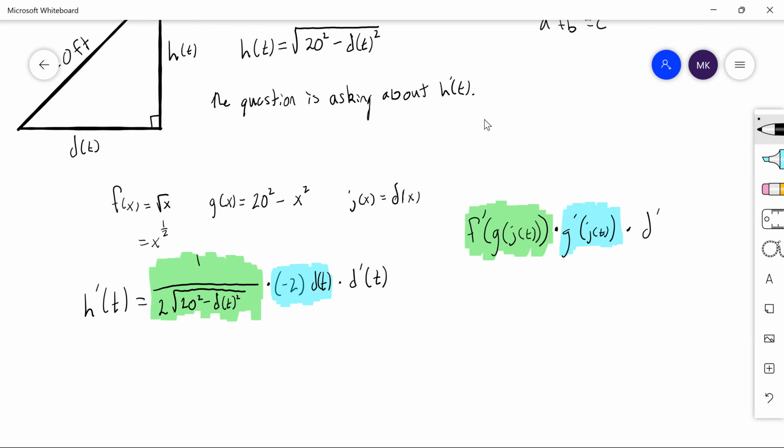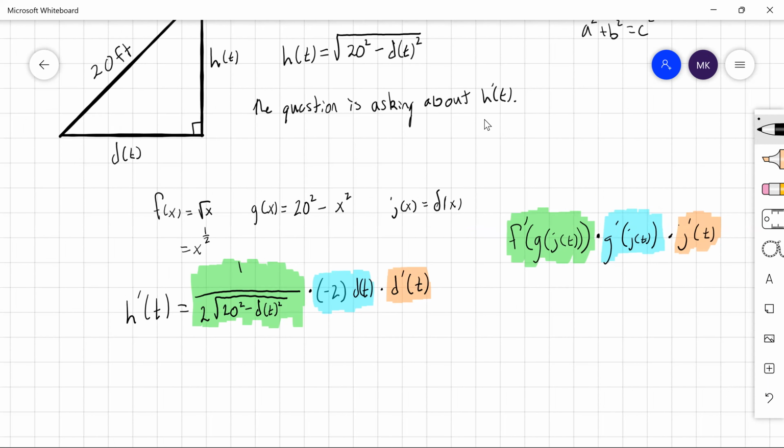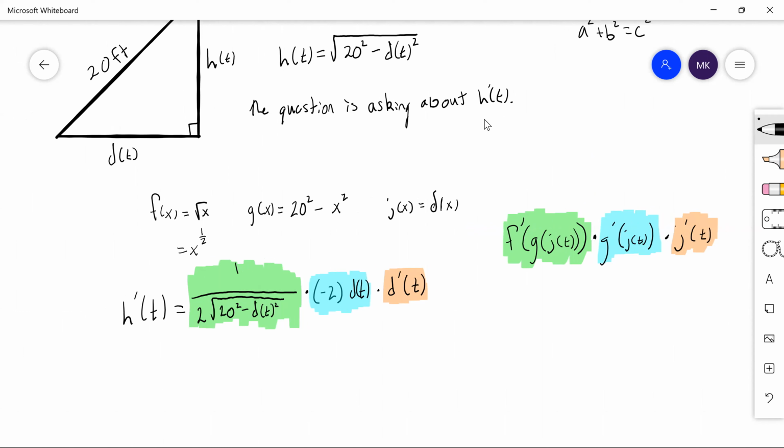And then the d prime of t, that is the j prime of t. So it's just chain rule three times. Yes, it's just chain, chain, chain. Okay, thank you. Perfect.